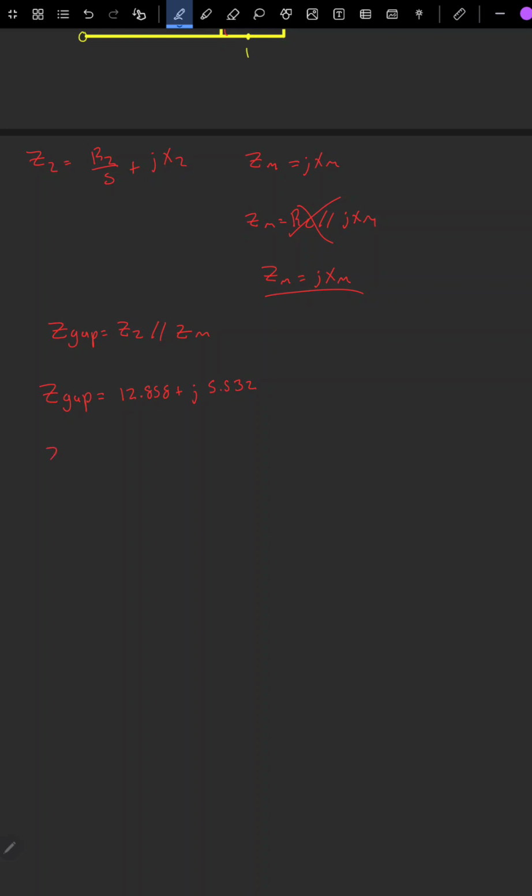And then our Zn is just going to equal our Z1. Our Z1 is going to equal our R1 plus JX1 plus our Z gap. So our Zn is going to equal 12.928 plus J6.275.